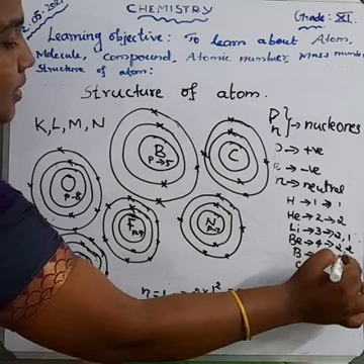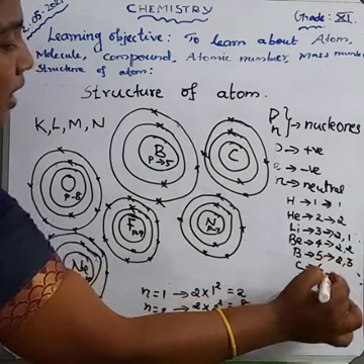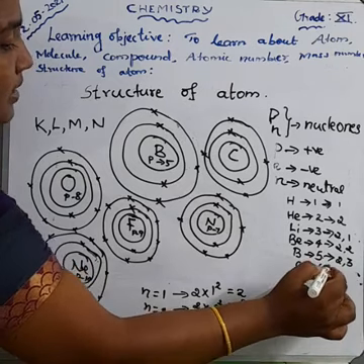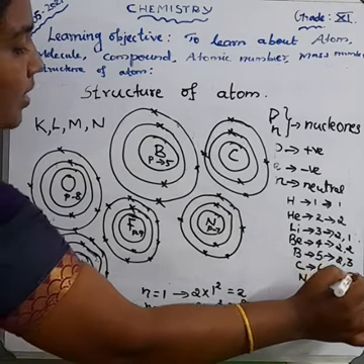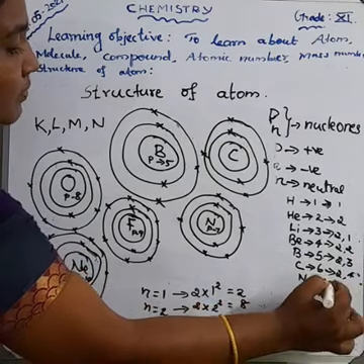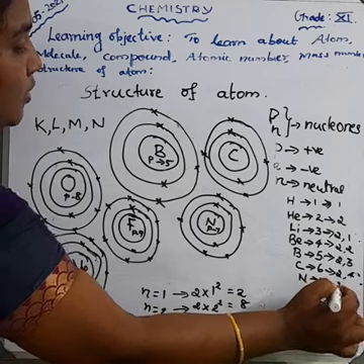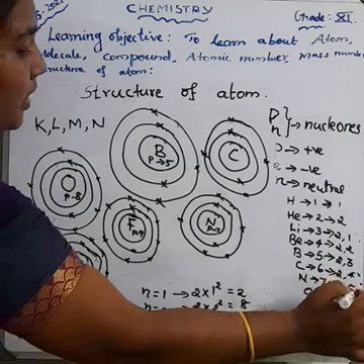And boron, atomic number 5: first orbit 2 electrons and second orbit 3 electrons. And carbon, atomic number 6: first orbit 2 and second orbit 4 electrons. And then nitrogen, atomic number 7, number of electrons 7: first orbit 2 electrons, second orbit 5 electrons.